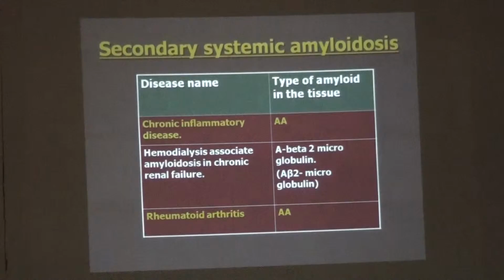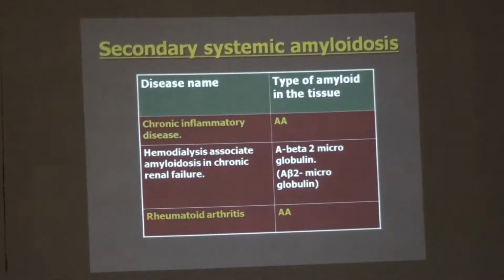In the secondary type, you get chronic inflammatory disease, that is AA, serum amyloid associated, seen in chronic inflammatory diseases like inflammatory bowel disease, or chronic infective disease such as tuberculosis. Hemodialysis-associated amyloidosis involves beta-2 microglobulin, AB2M, which you usually get in end-stage renal disease on maintenance hemodialysis.